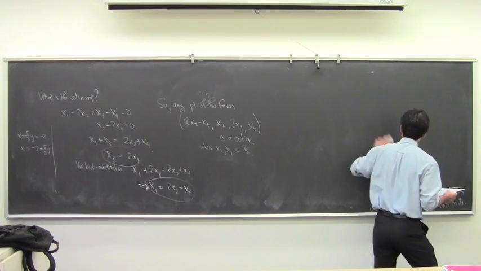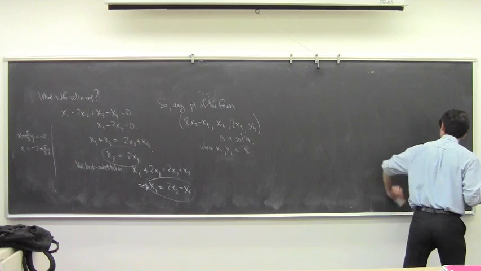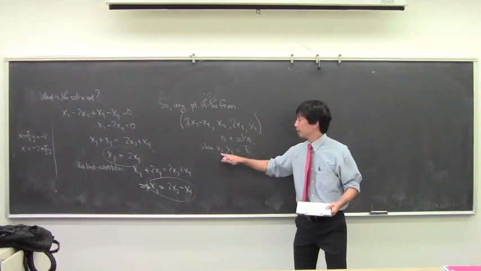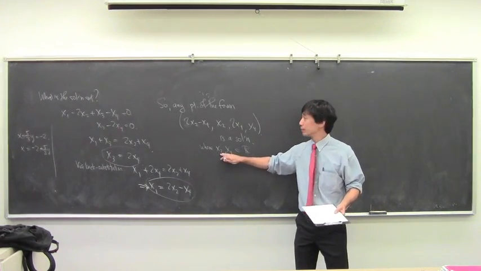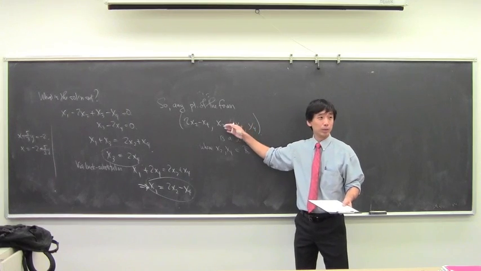Right, so we can generate solutions as we please just by choosing any pairs of numbers x2 and x4, and then just seeing what you get.